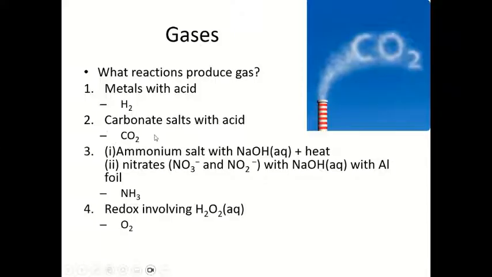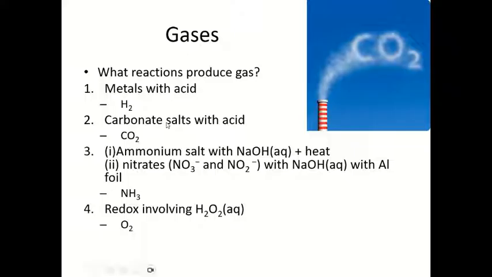Now, the second gas in my slide will be carbon dioxide. So again, when you are asked to add acid to a salt, a solid, then you might want to suspect that that could be a reaction producing carbon dioxide. Acid with carbonate salt will produce carbon dioxide.